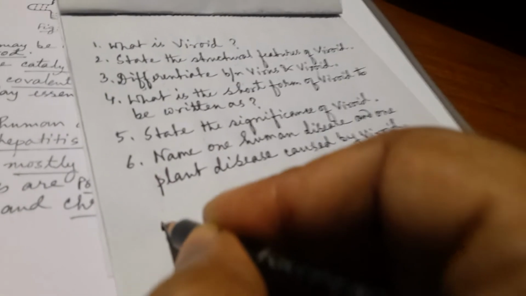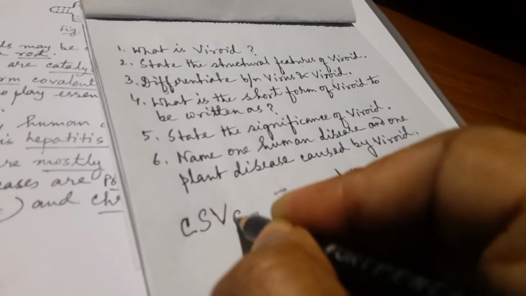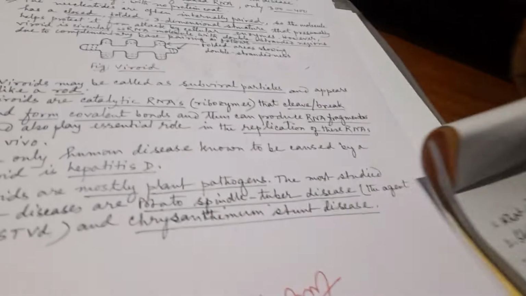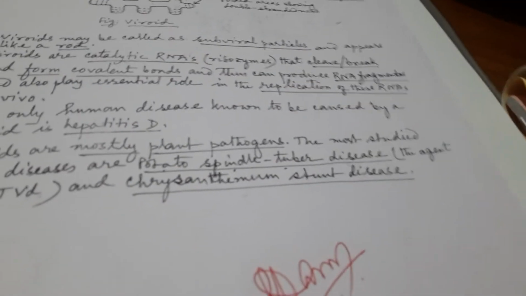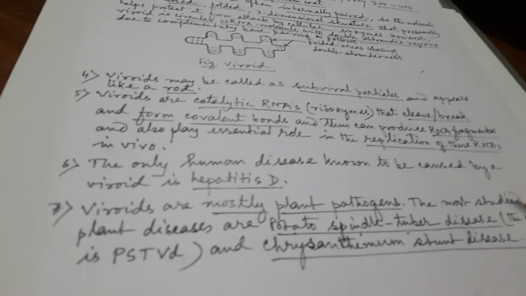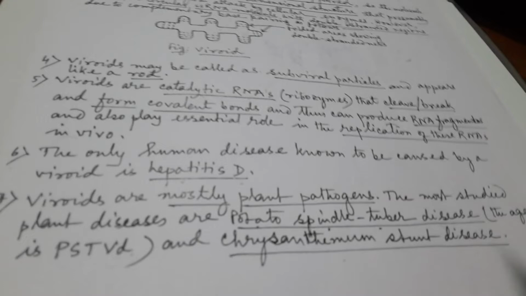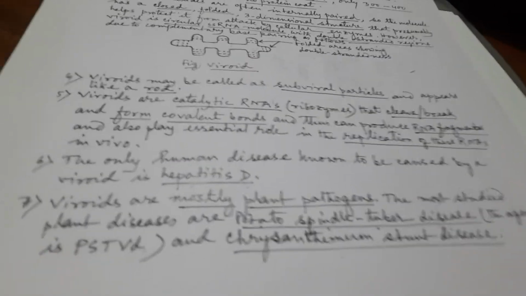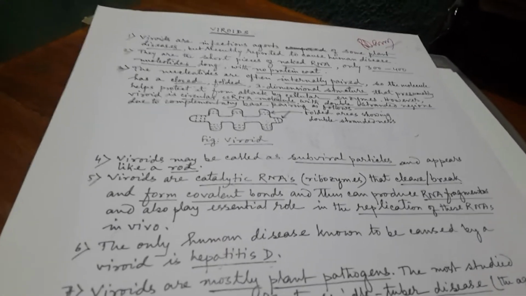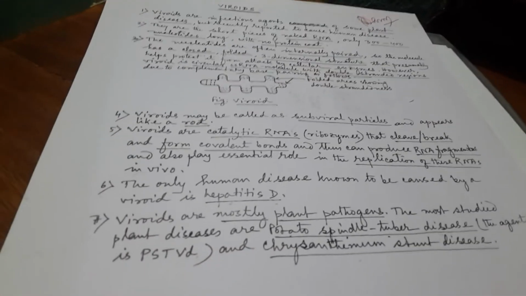This is C chrysanthemum, S stunt, viroid, VD. And these are the different diseases of plants, and viroid also may cause, that I mentioned, hepatitis D in human beings. So these are all about, in nutshell, viroids.